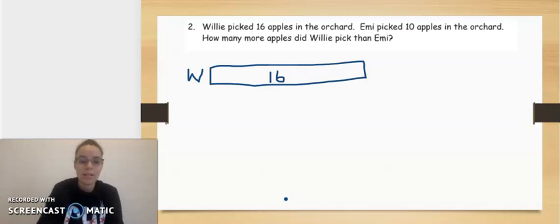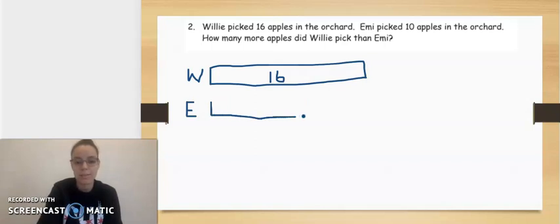Okay? And then Emmy picked 10. So now what letter should I use? Yeah, E for Emmy. Emmy picked 10. Is 10 more or less than 19? So should our box be longer or shorter? Yeah, shorter, because Emmy has less, right? 10.